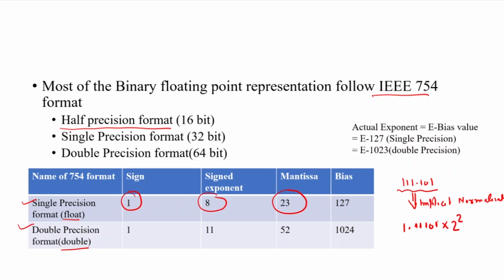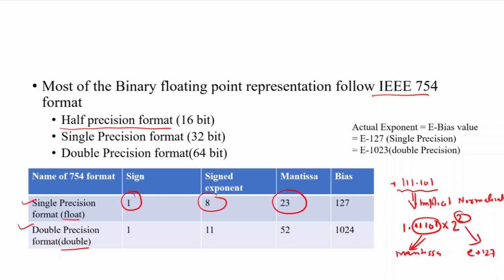This is the portion of the mantissa, and the sign bit is 0, since this number is positive. The biased exponent is e plus 127, where e is the actual exponent.